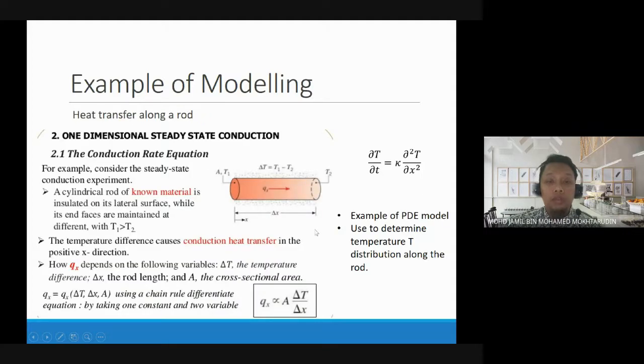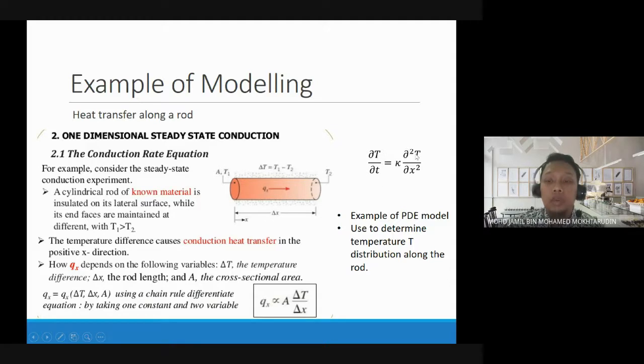And we can also model heat transfer along a rod. I think you have probably seen this in the subject heat transfer. So we have this equation, del T over del t, small t, so the temperature changes with time.